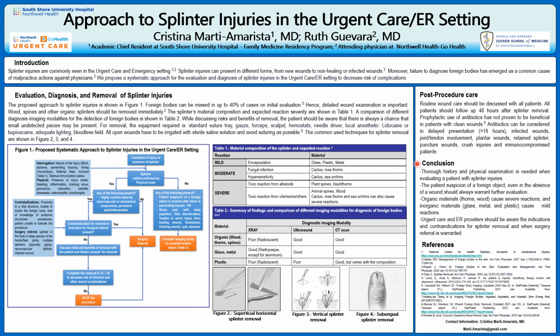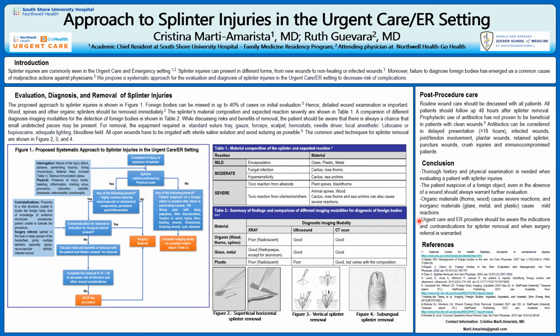So in conclusion, you need to do a thorough history and physical examination when evaluating a patient with splinter injuries. The patient's suspicion of a foreign object, even in the absence of a wound, should always warrant further evaluation. Organic materials like thorns and wood can cause severe reactions, and inorganic materials like glass, metal, and plastic can cause mild reactions.